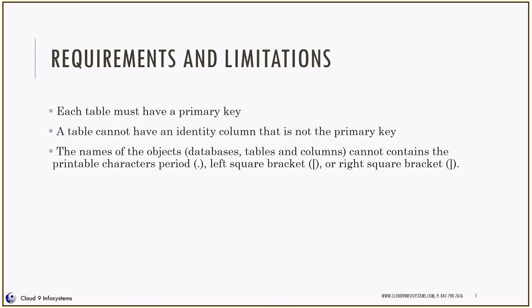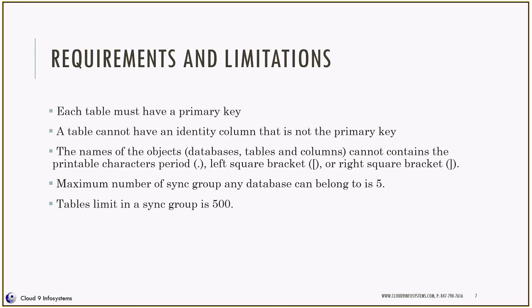The names of objects such as databases, tables, and columns cannot contain the printable characters period, left square bracket, or right square bracket. The maximum number of sync groups any database can belong to is 5, and the maximum number of tables in a sync group is 500 and should not exceed that.